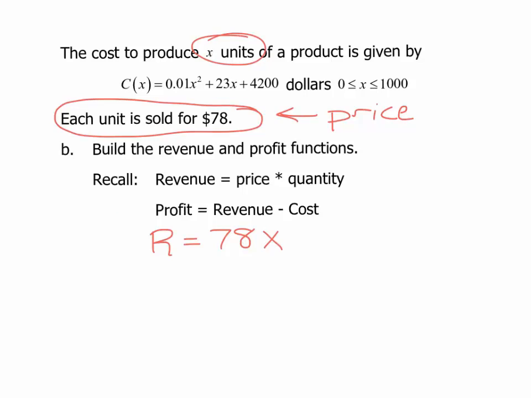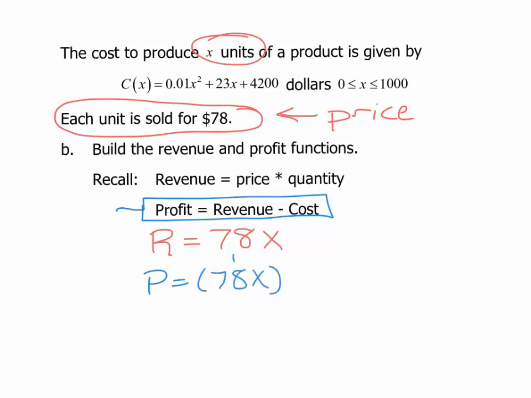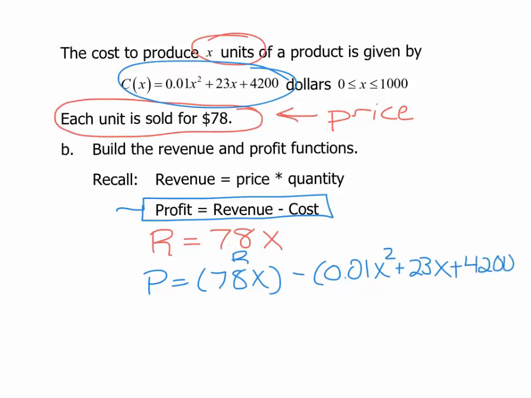Our profit function we find using this formula. Profit is revenue minus cost, so our profit is going to be 78X, that's my revenue, minus my cost. My cost is this function up here. We're going to have 0.01 x squared plus 23x plus 4,200.